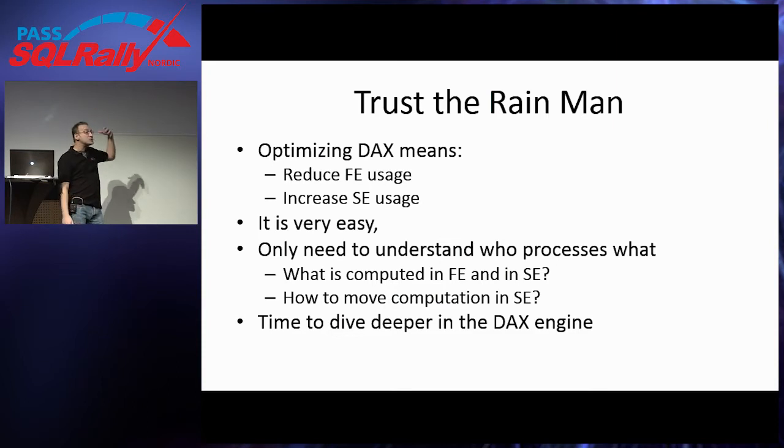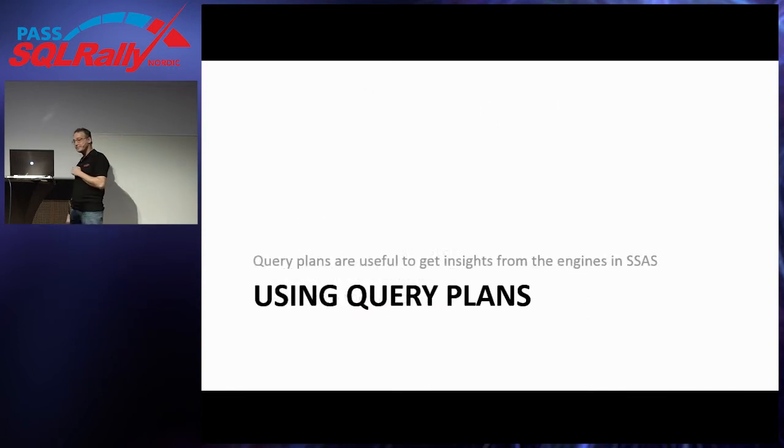And so it's time to start going deeper in the engine and understand more about what happens when you run a simple query. And to understand what happens inside the engine, you have only one tool, which is the SQL Server Profiler. Using the profiler, you can grab the query plan from any DAX query, understand the query plan, and then follow an optimization path, which is what we will do.